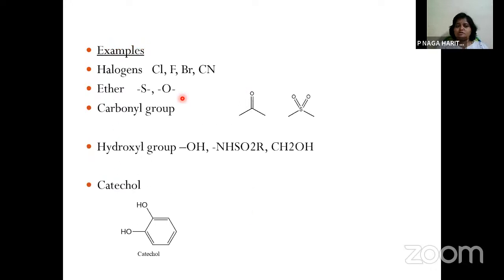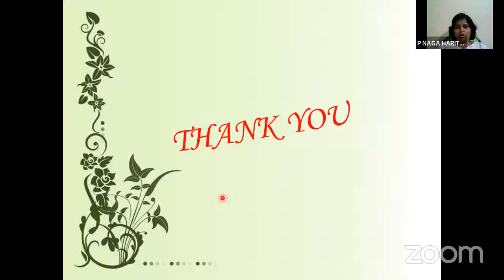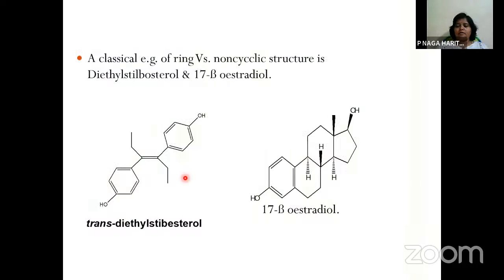These are the examples of various non-classical bioisosteres like halogens, ethers, carbonyl groups, hydroxyl groups, catechols, right? And trans-diethylstilbestrol and 17 beta estradiol come as a non-classical type of bioisosteres, right?